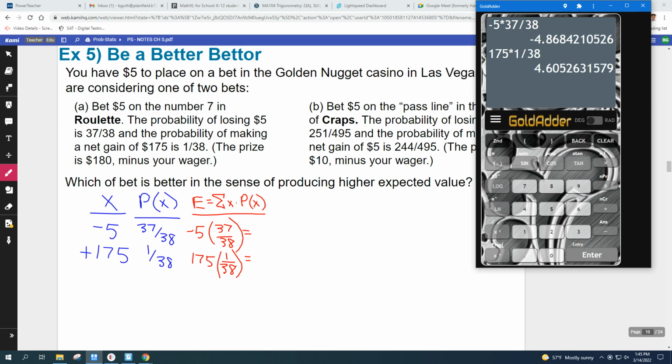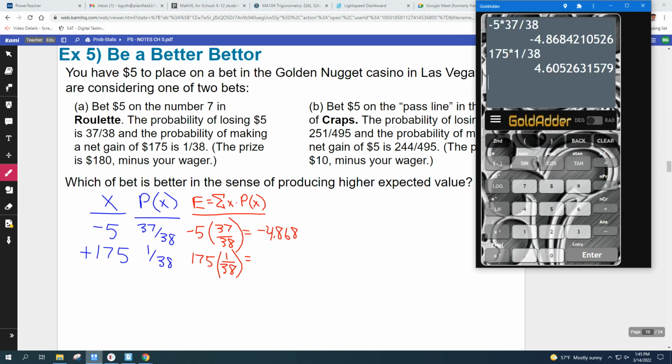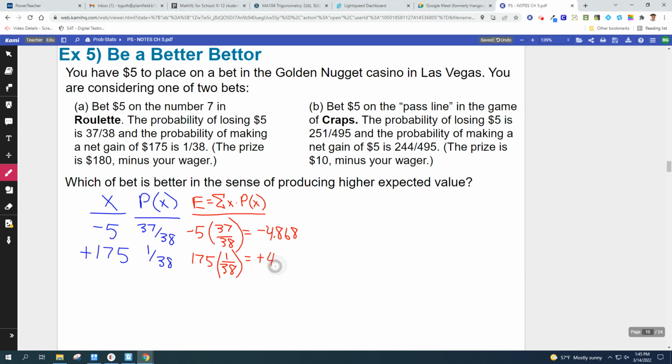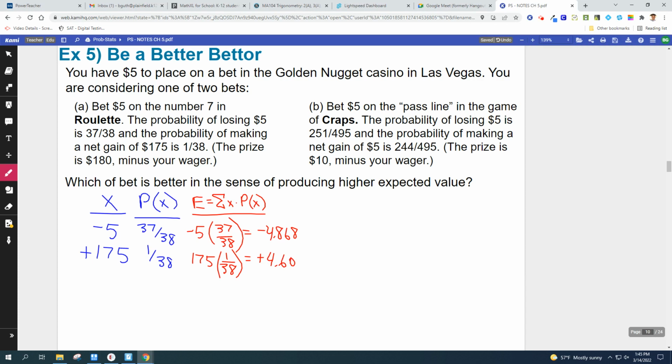So we can say negative 4.868, and positive 4.605. I'm going to add those things up.